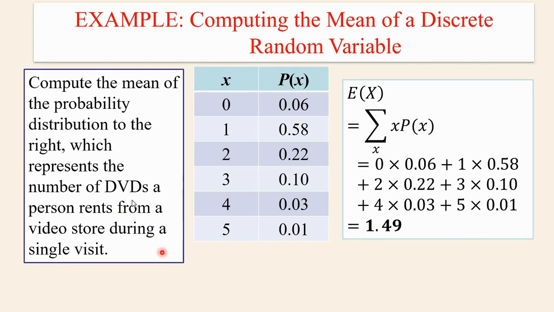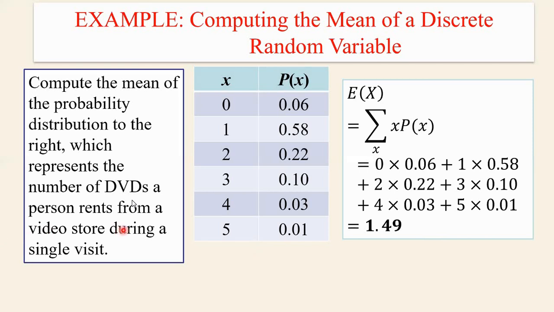Right? In the long run, how many DVDs will a selected person rent from a video store during a single visit? Here we are expecting this number of videos the person will rent during a single visit.